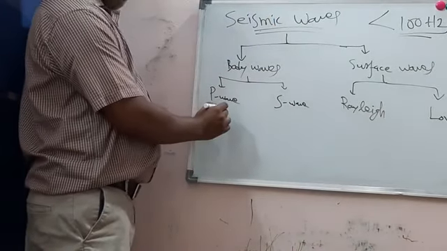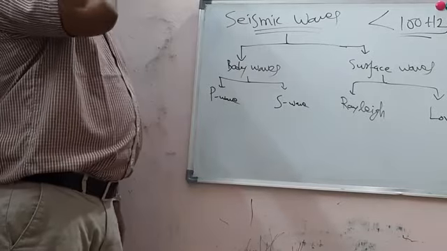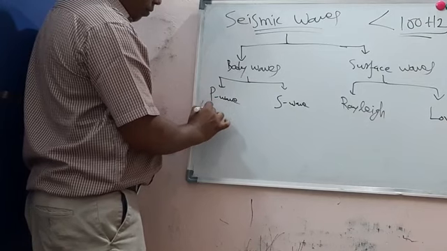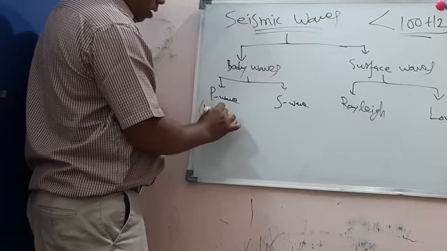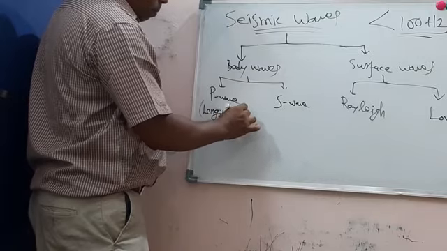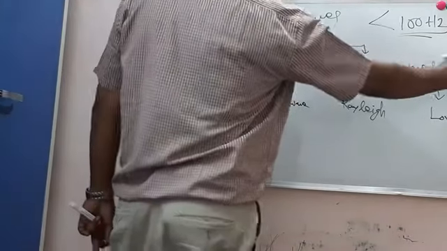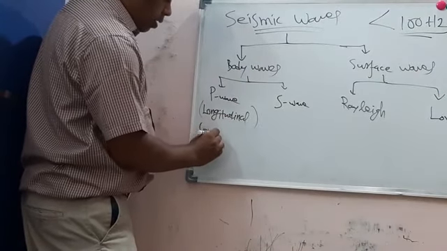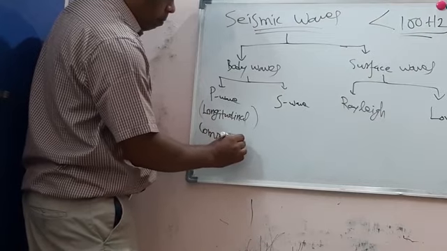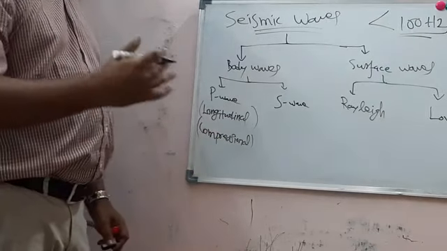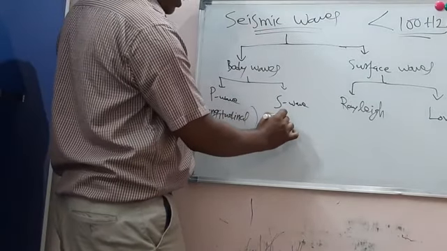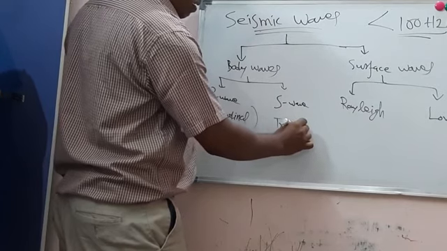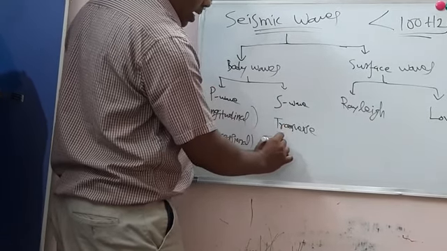Here, P waves or primary waves are also said to be longitudinal waves or compressional waves. S waves are also said to be transverse waves or shear waves.